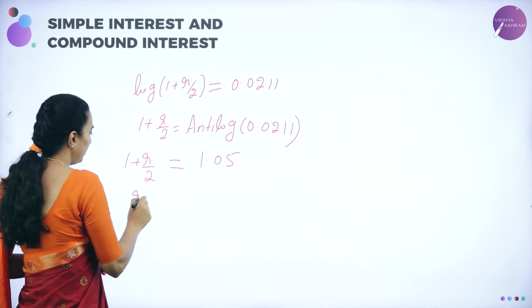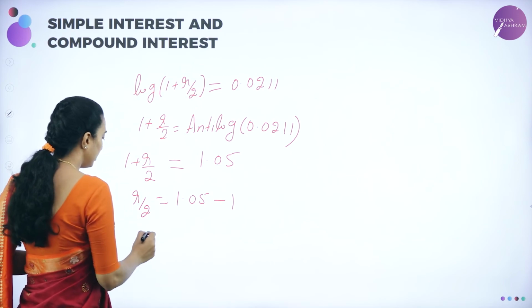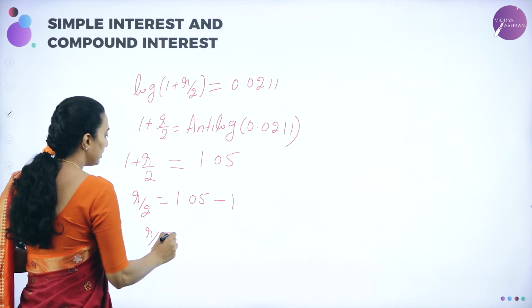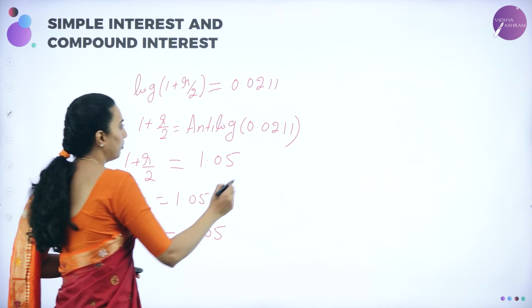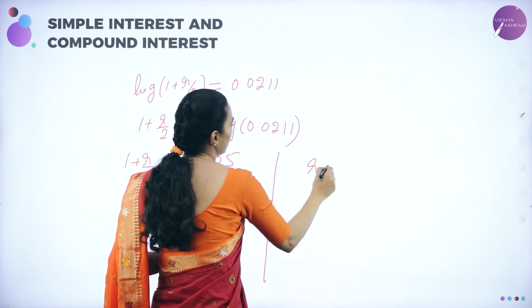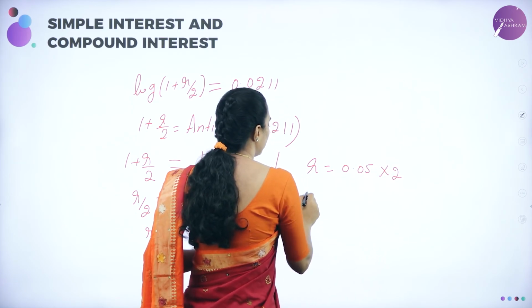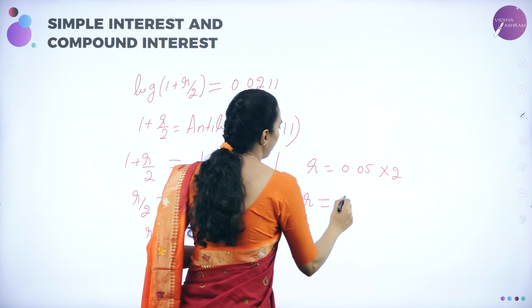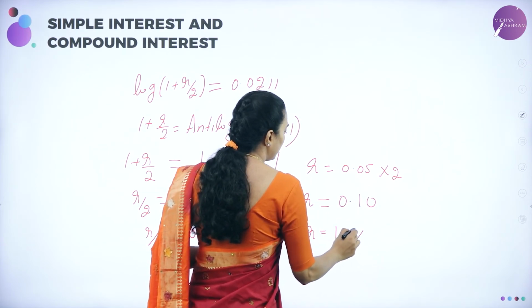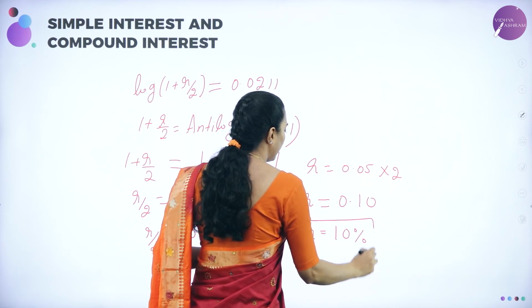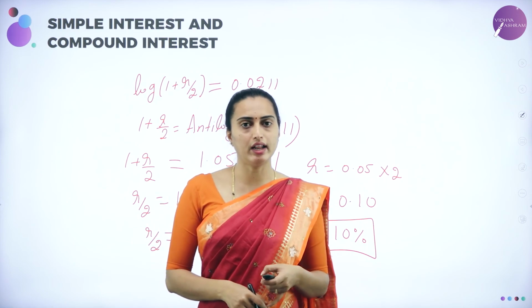Now R by 2 is equal to 1.05 minus 1, so R by 2 is equal to 0.05. Now R will be 0.05 into 2, which is 0.10. If you multiply by 100, you get 10%. That's what they've asked you to calculate.